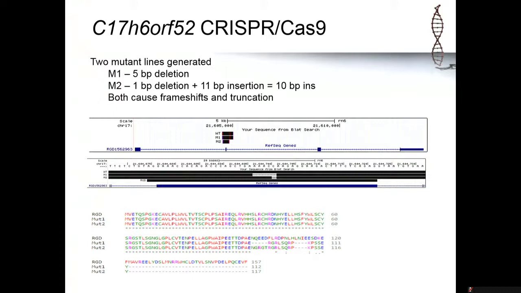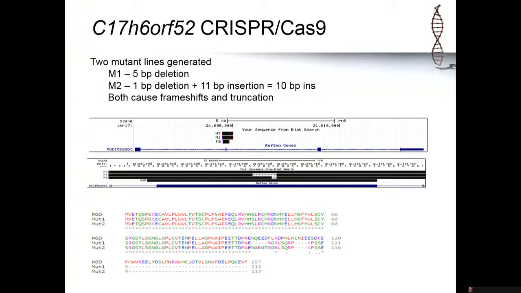They were able to give us one that had a 5 base pair deletion in exon 2 of this gene, and one that has a 1 base pair deletion here, followed by an 11 base pair insertion, so it was an overall 10 base insertion. So both of them caused frame shifts and truncations of the putative amino acid sequence of this gene.